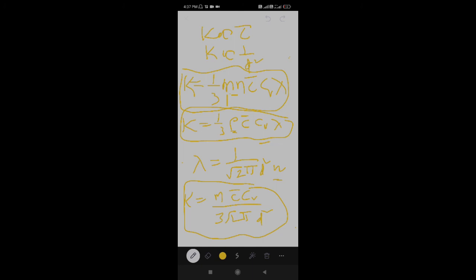They can't move as fast as possible. The thermal conductivity decreases as you increase the size of the molecules. This is the expression for the coefficient of thermal conductivity, describing the thermal conductivity property of the gas. These are all the transport properties. With this, we are going to complete this unit 1.